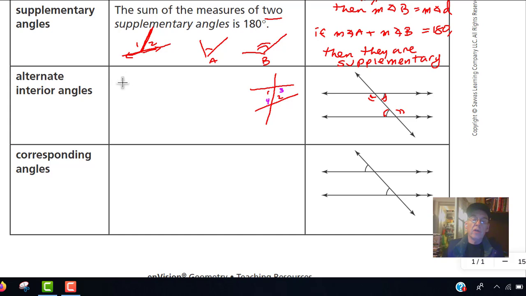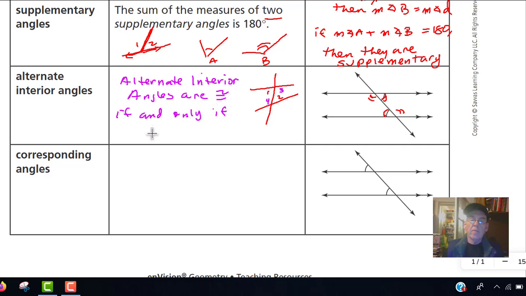So let's say alternate interior angles are congruent if and only if the lines crossed are parallel.